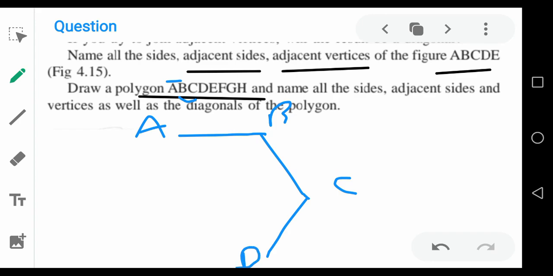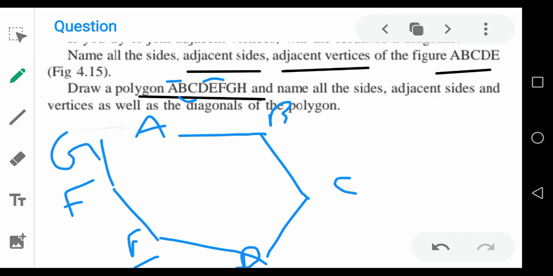CD. Then DE. Then EF. So from E we have F. From F, G. From G, H. And then A. How many sides will it have? 1, 2, 3, 4, 5, 6, 7, 8 sides. So anyway you can draw a polygon with 8 sides, and then you have to name the sides.